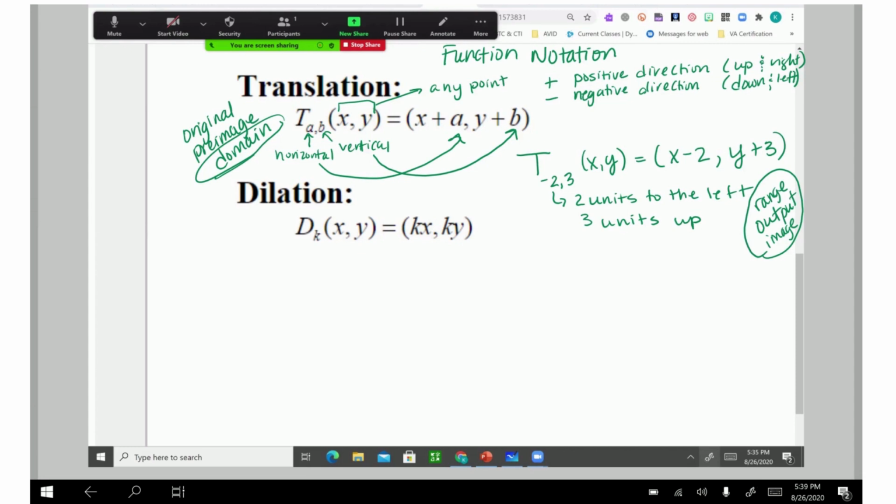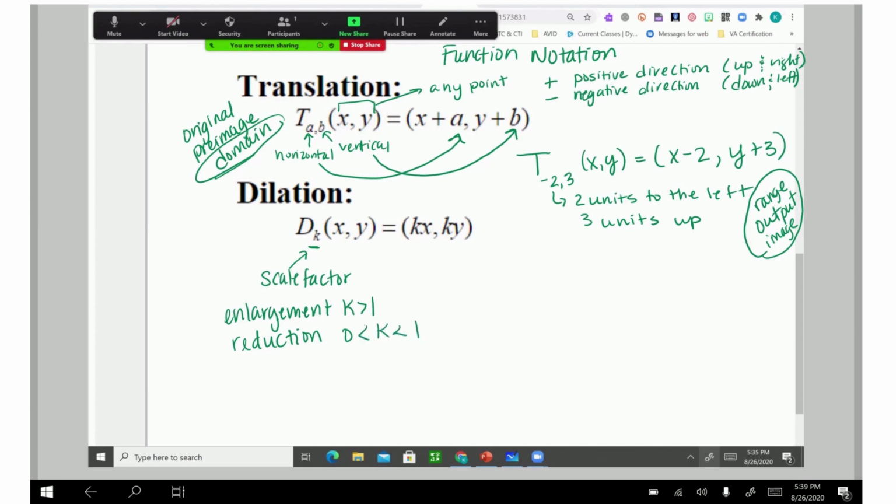Okay, so next, let's come up with a rule for dilation. For dilation, k is the scale factor. And remember k, it's an enlargement if k is greater than 1. It's a reduction if k is between 0 and 1.